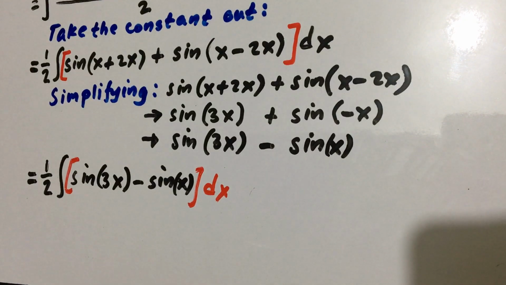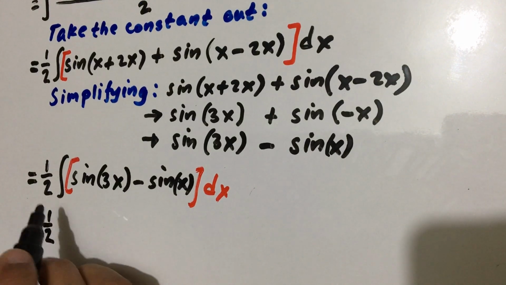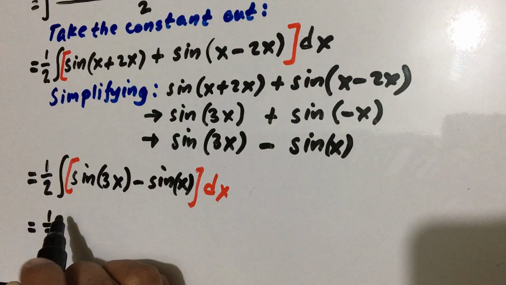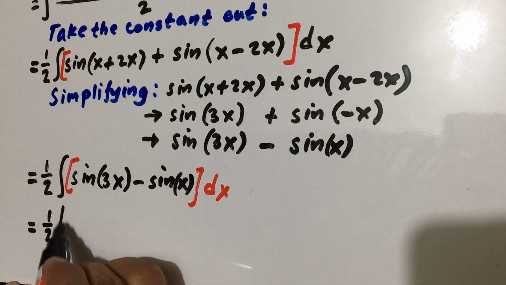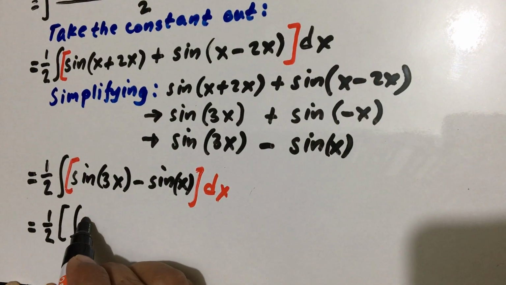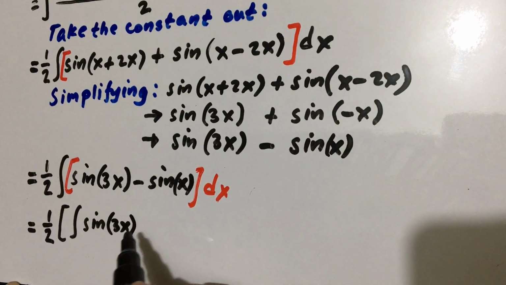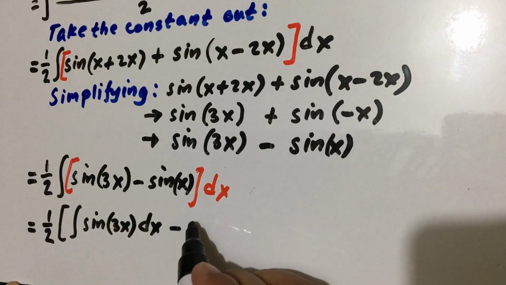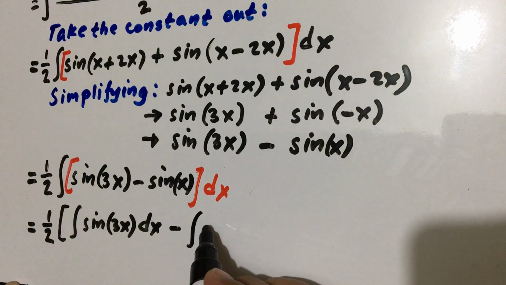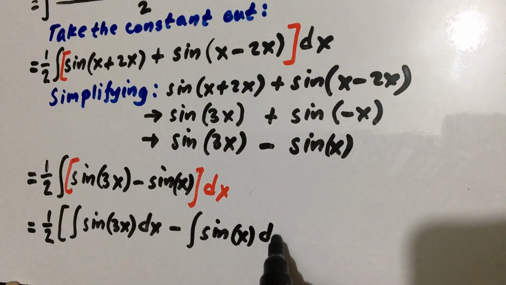So we have now 1/2. Of course, 1/2 is to be multiplied to each term: the integral of sine 3x dx, then minus the integral of sine x dx.